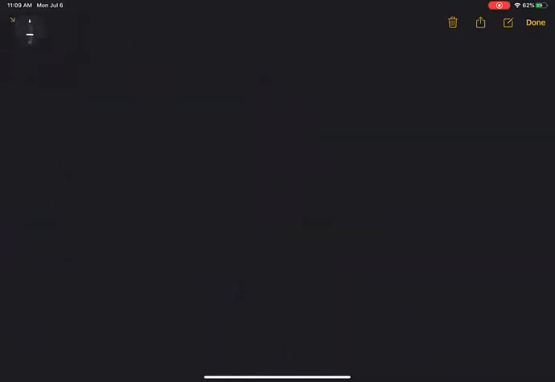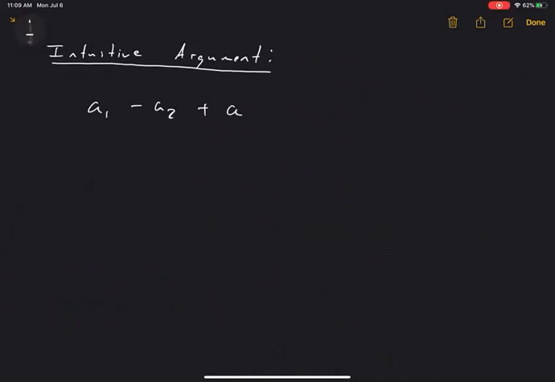Okay. So let's consider our partial sums, right? Let's say I have a1 minus a2 plus a3 minus a4, and so on. If I add up the first 4 terms, we'll call that S4. And if I add up the first 5 terms, that's S5 and so on.